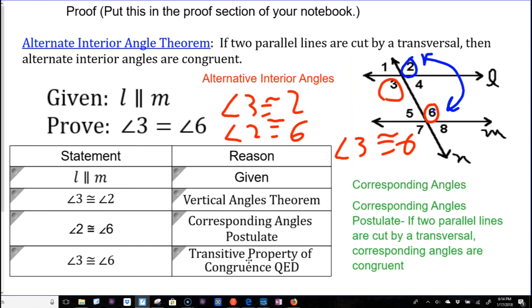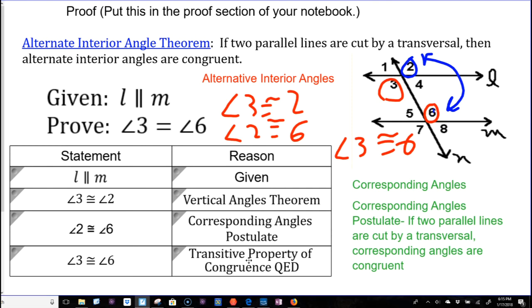And our reason is the transitive property of congruence. In algebra, we called this the transitive property of equality. But since we're talking about congruence, we actually have a separate set of similar properties that refer specifically to congruence. But it's very similar to the transitive property of equality.